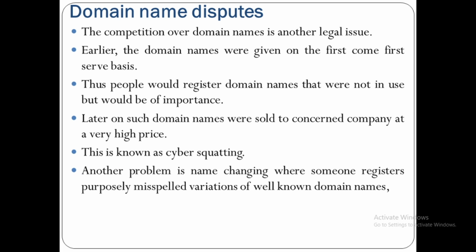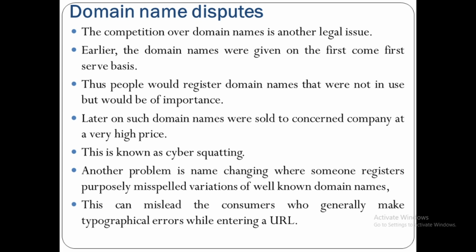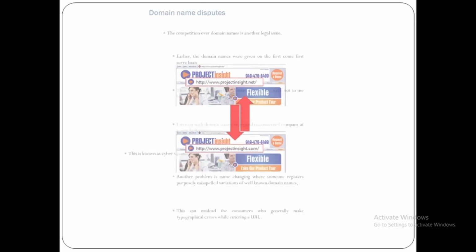Another problem is name changing, where someone purposely registers misspelled variations of well-known domain names. This can mislead the consumers, who generally make typographical errors while entering a URL. So if any little mistake is made in typing, then it will take you to another, similar website.